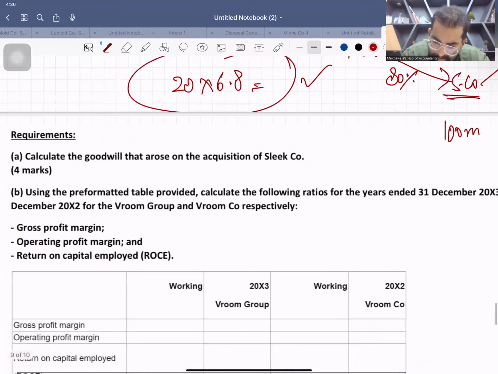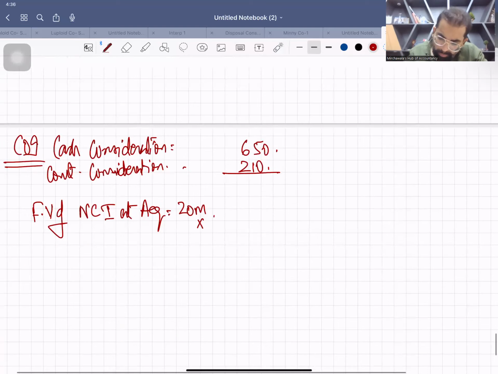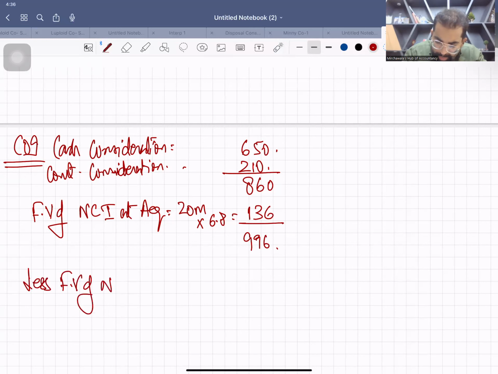So 20 multiplied by 6.8, that's $136. Less fair value of net assets of S company.